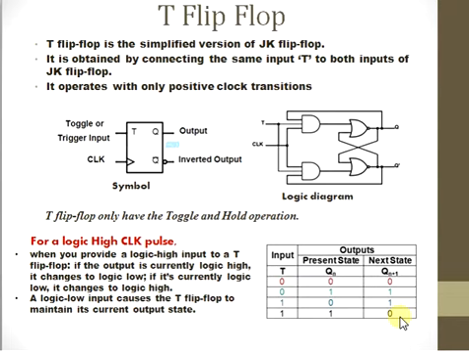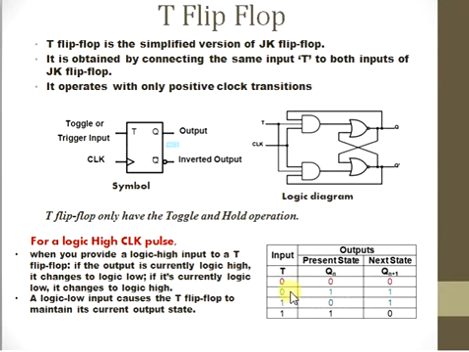So this is different from the D flip-flop, where whenever there is a clock pulse, the output will be the same as the D input. These conditions apply at a logic high clock pulse. So whenever there is a high clock pulse in a D flip-flop, whatever is given to D will be transferred to the output. So if D is equal to 0, the output Q will be 0, and if D is equal to 1, output Q will be 1.